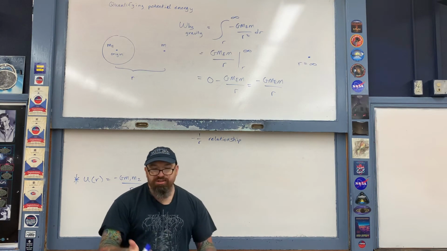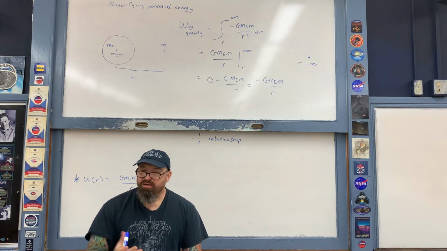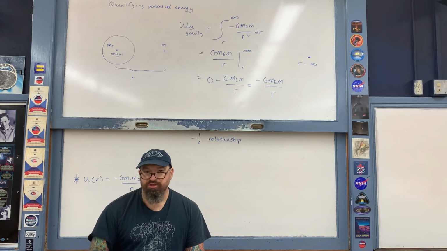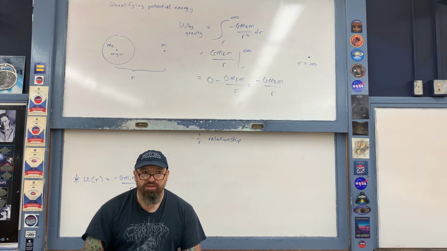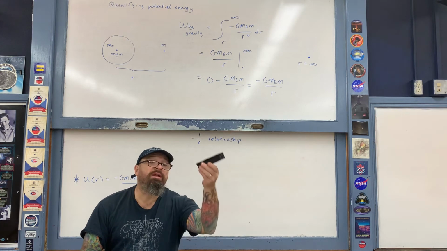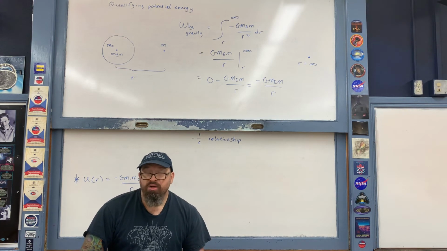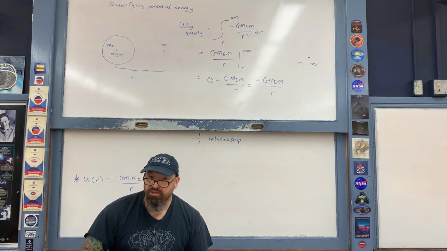Watch how this negative 1 over r term behaves mathematically as we make r on the diagram larger and larger. Making r larger and larger means that you're getting further and further away from the Earth. So if you're lifting the object higher and higher, what should be happening to its gravitational potential energy? It should be increasing.